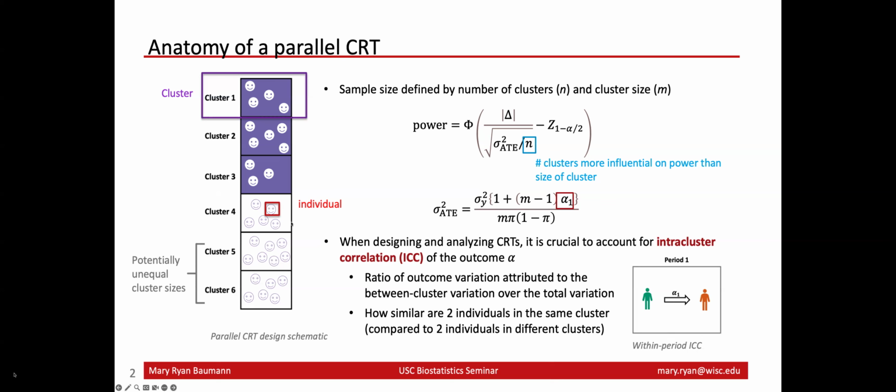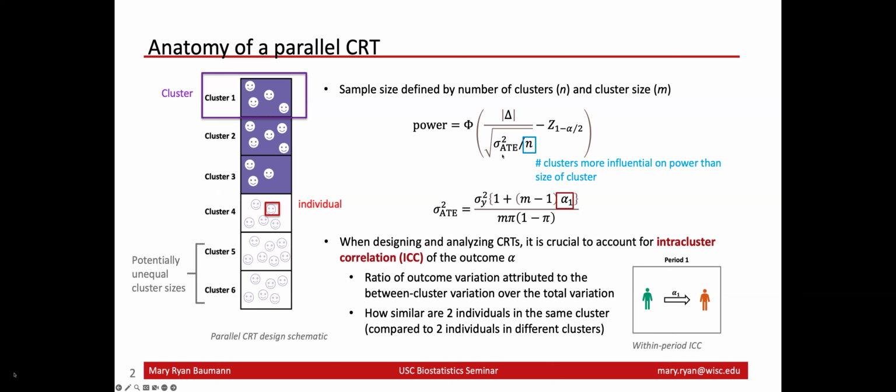We only have one measurement observation for each. And here sample size is defined by not just the overall number of individuals in our trial, but the number of clusters N as well as the cluster size M. In our power calculations, you can see that the cluster size is really coming into this mostly through the variance of the ATE, or the overall treatment effect, it being on both the numerator and denominator, whereas the number of clusters is really only coming in the division of the variance of the ATE.